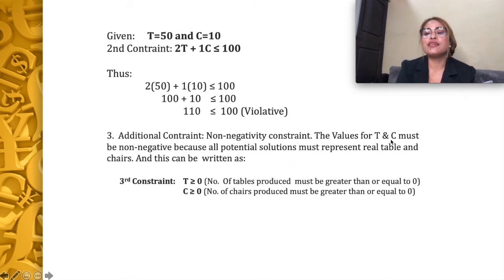The values for T and C must be non-negative because all potential solutions must represent real tables and chairs, and this can be written as the third constraint: the number of tables produced is greater than or equal to 0, and the number of chairs produced is greater than or equal to 0. Must be greater than or equal to 0.